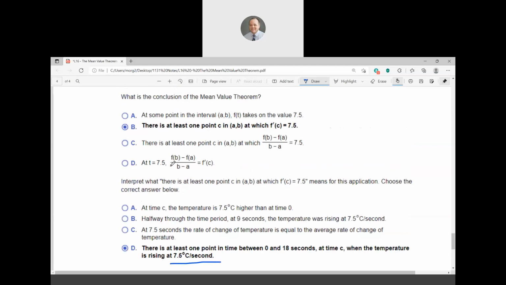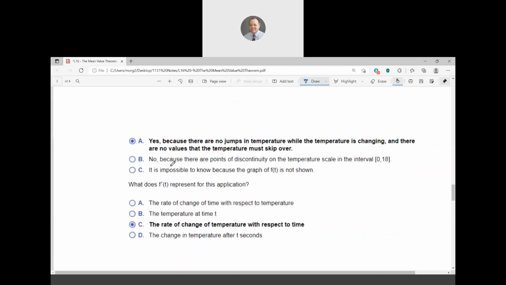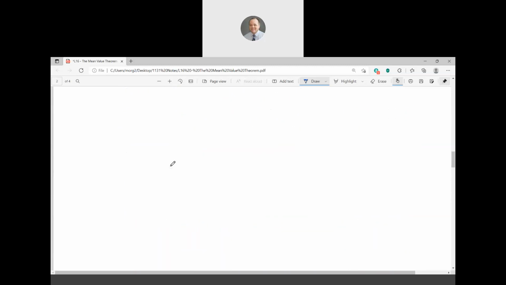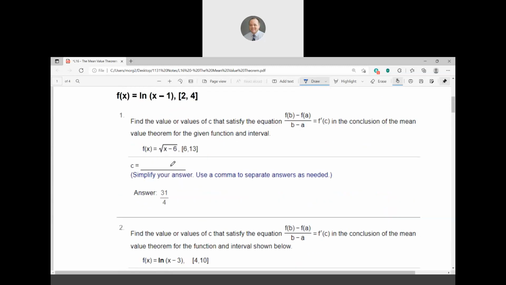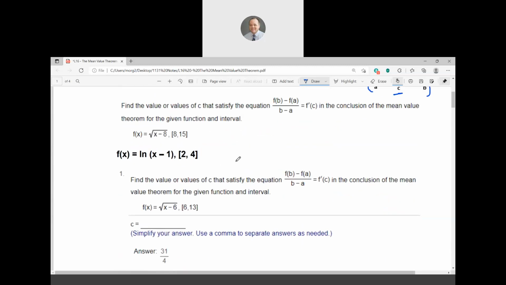I want to go back and look at one more question each of one involving natural logs again, and one involving a square root. So let's try this one again.